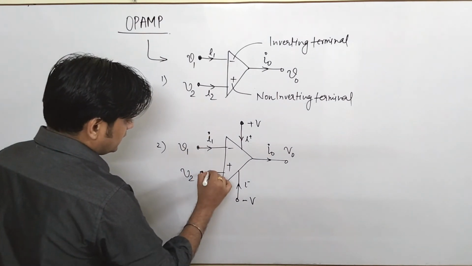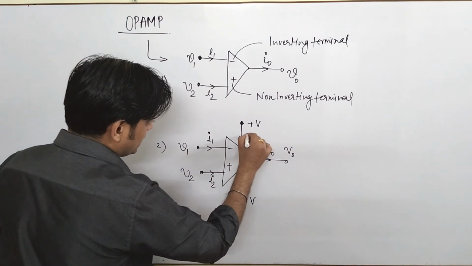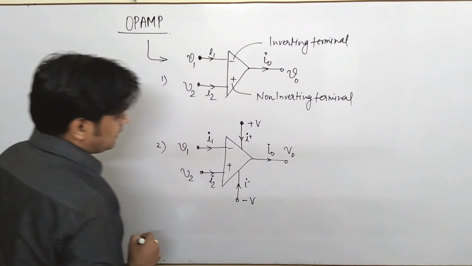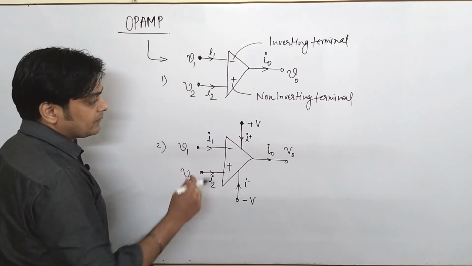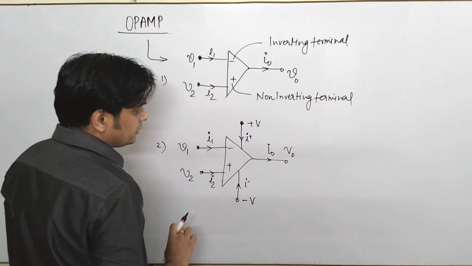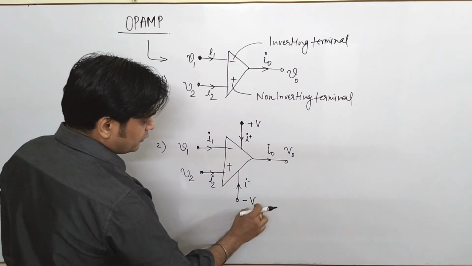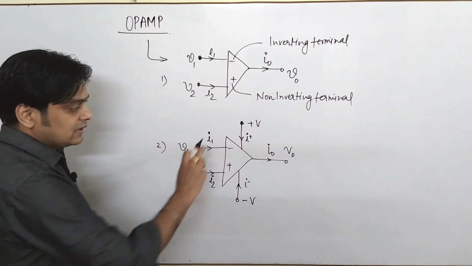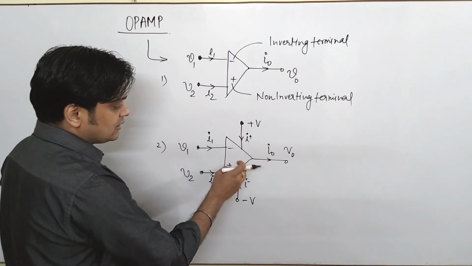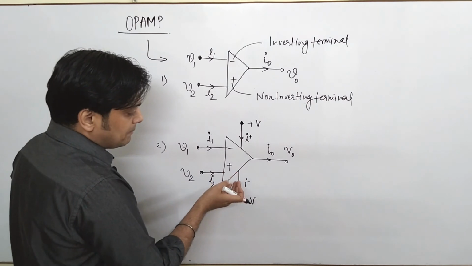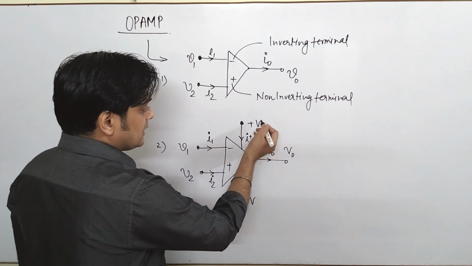Now see, here the current is I1, I2. If for the timing I say some current is flowing is I plus and I minus, so here I have taken two more terminals and I have applied some voltage V and minus V.